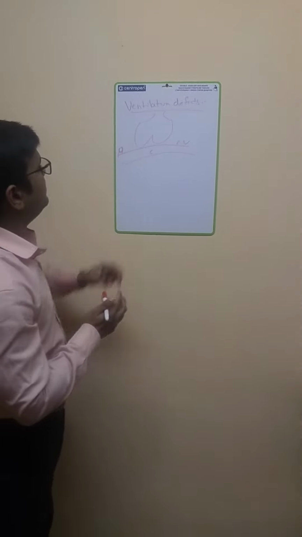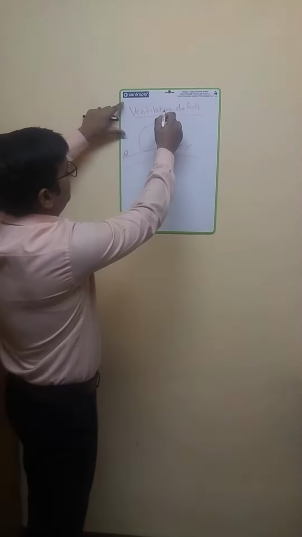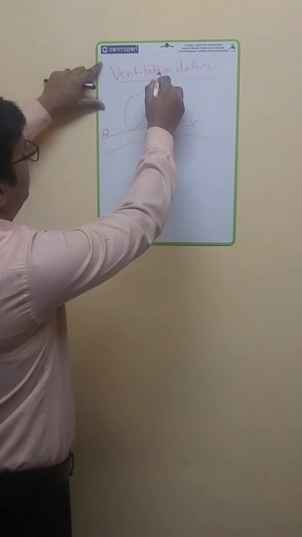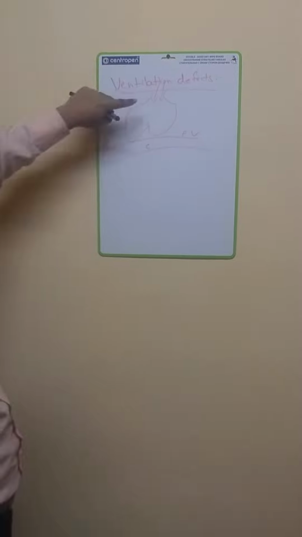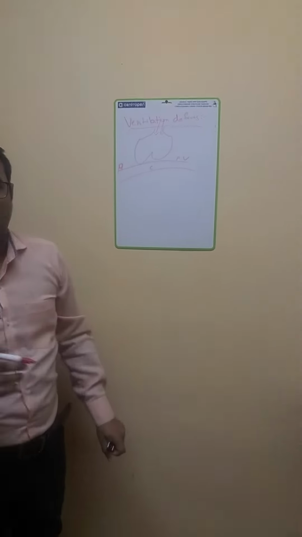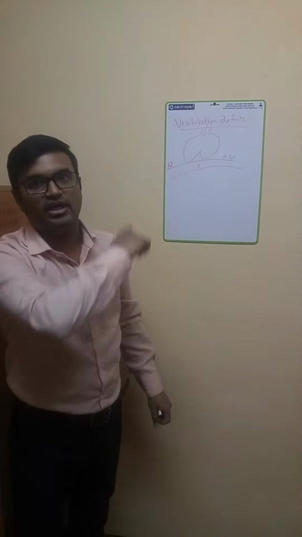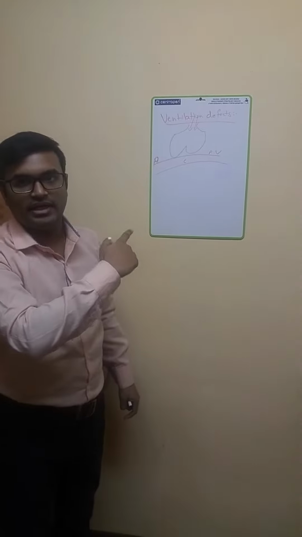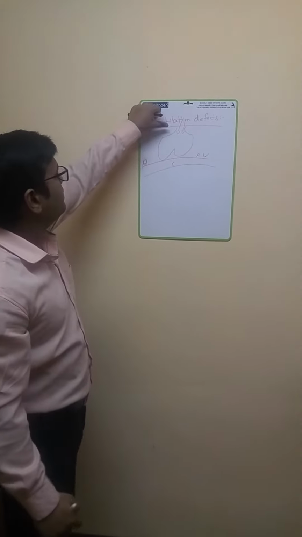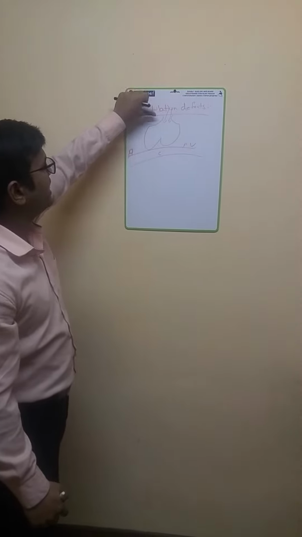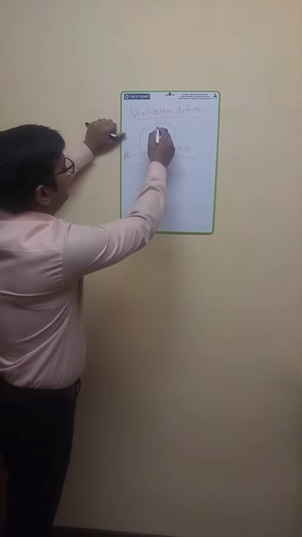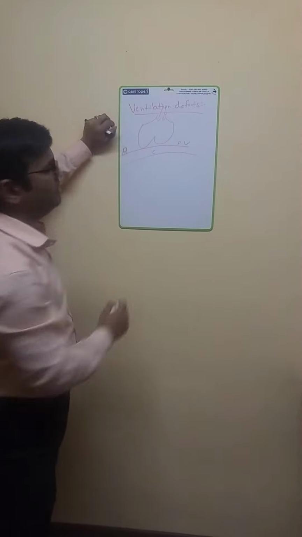Now, if there is a ventilation defect, air will not come inside from the upper respiratory tract to the alveoli. Friends, I am showing just one alveolus. There are millions of alveoli in your lungs. So with a ventilation defect, upper respiratory tract obstruction, there will be no air coming into the alveoli.